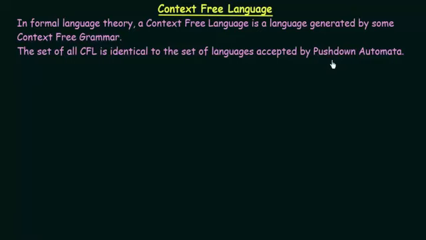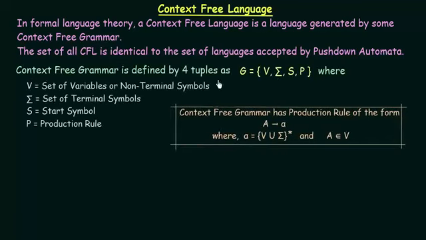Okay, so now let us see how context-free grammars are formally defined. A context-free grammar is defined by four tuples as G equal to (V, sigma, S, P). If you remember, even regular grammar was defined using four tuples as V, T, S and P, and even context-free grammar is also defined using four tuples, which are V, sigma, S and P. And let's see what the tuples mean.